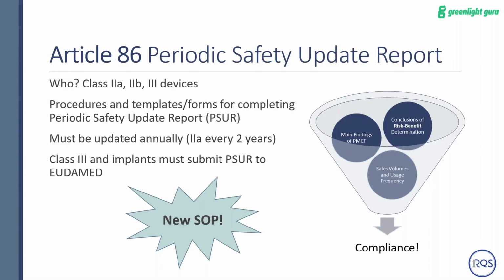So this one I'm definitely interested in how companies are going to implement it, as well as how it's going to be interpreted and reviewed by the notified bodies and the auditors on what exactly information you can get for usage frequency and usage environment of your devices, and how you're going to report that. So definitely, I think this is something that companies should start thinking about now to make sure they have a sufficient plan in place, and if possible, start getting some of this data back so they can start analyzing it and determine new ways or more effective ways to get this information back regarding their device.